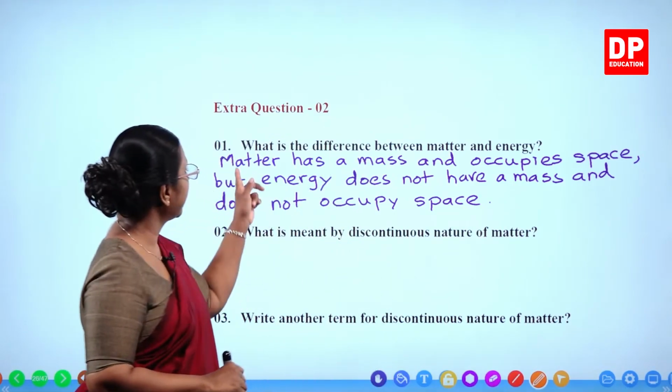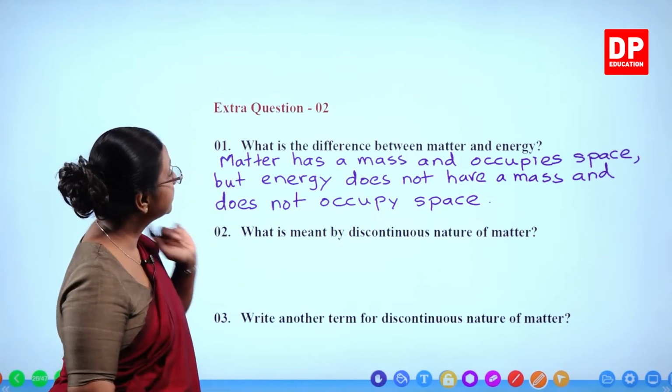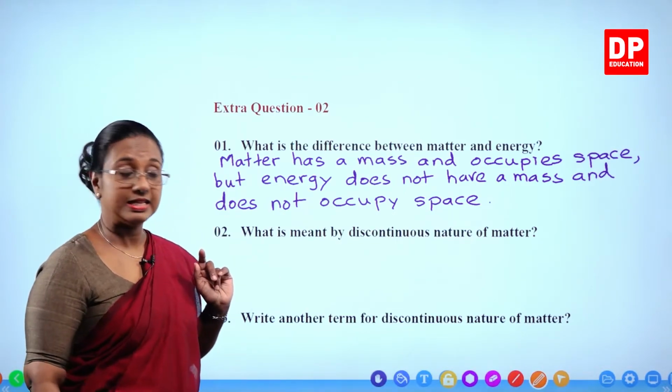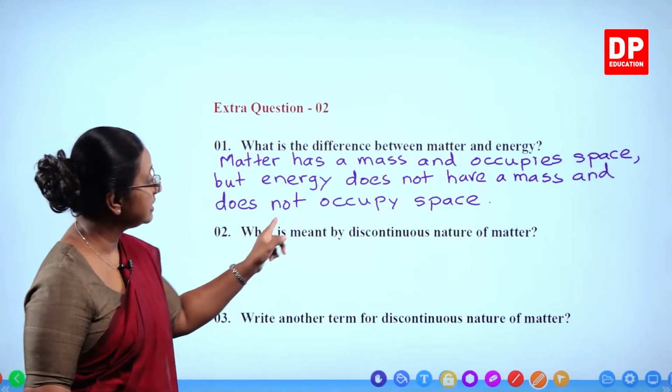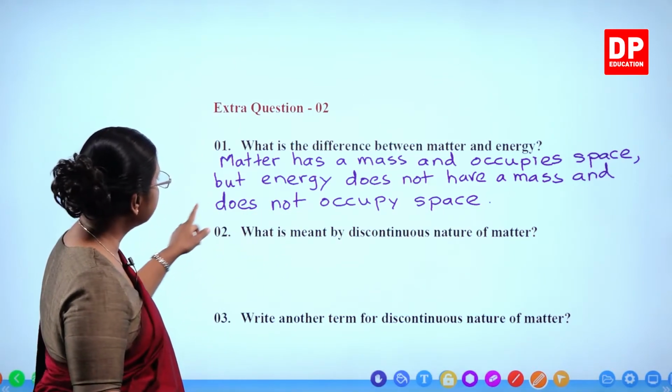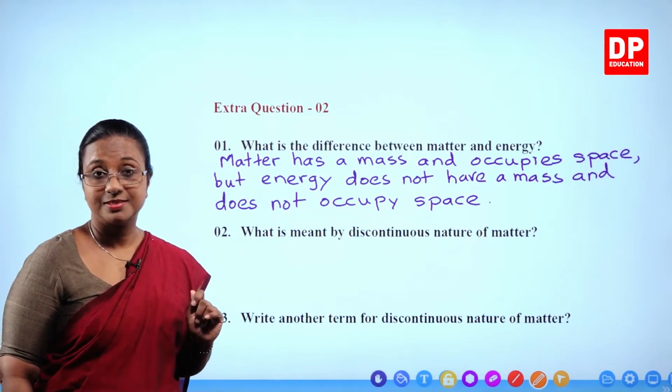So that is the answer to the first question. What is the difference between matter and energy? Matter has a mass and occupies space, but energy does not have a mass and does not occupy space.